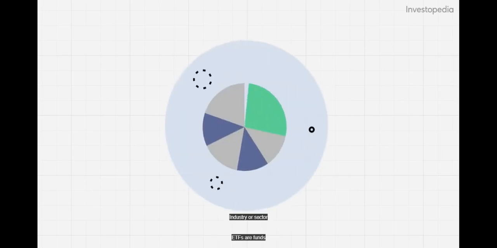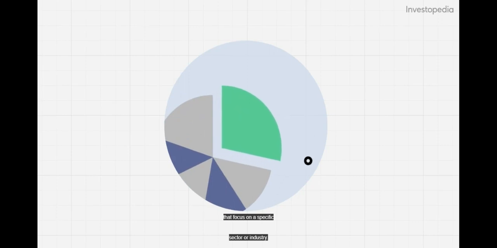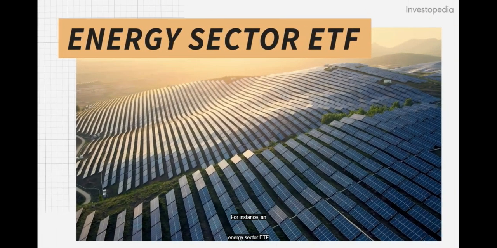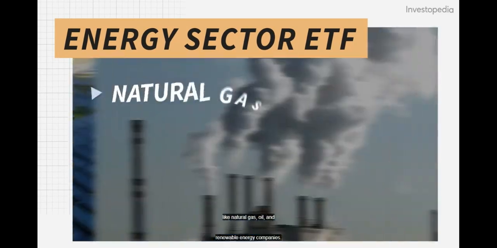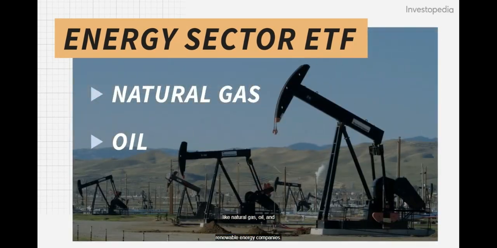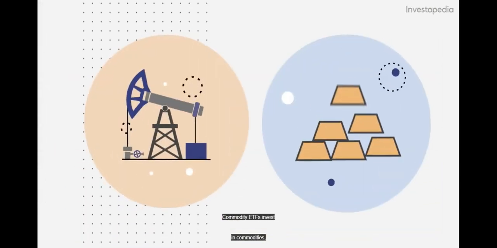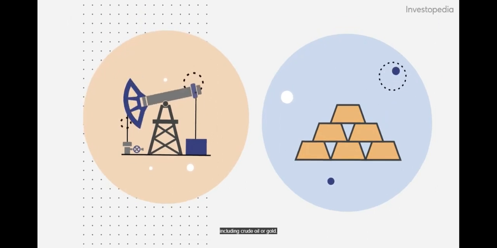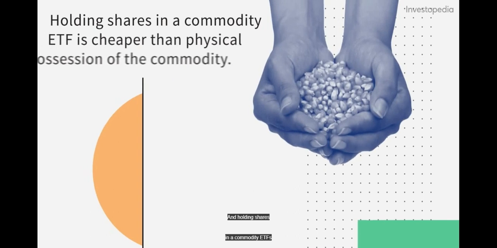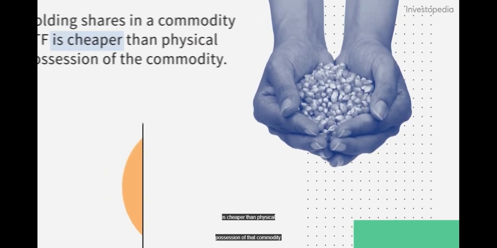Industry or sector ETFs are funds that focus on a specific sector or industry. For instance, an energy sector ETF will include companies operating in that sector, like natural gas, oil, and renewable energy companies. Commodity ETFs invest in commodities, including crude oil or gold. And holding shares in a commodity ETF is cheaper than physical possession of that commodity.